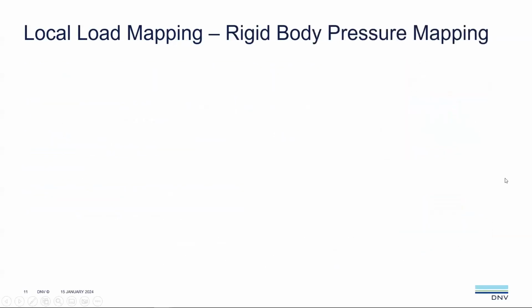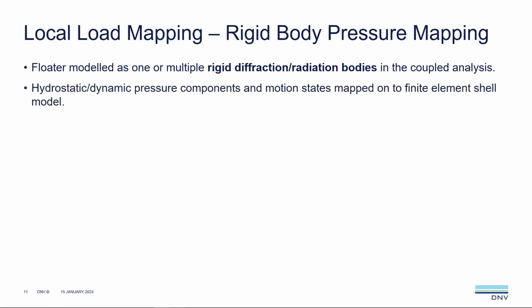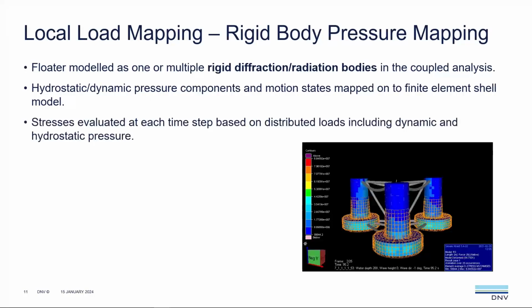So looking at the other one, which consists of considering a single rigid body or multiple rigid diffraction radiation bodies and mapping the hydrodynamic pressure onto the structural mesh to calculate stresses.